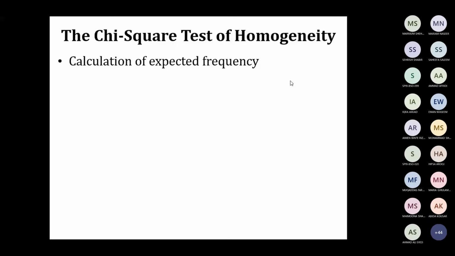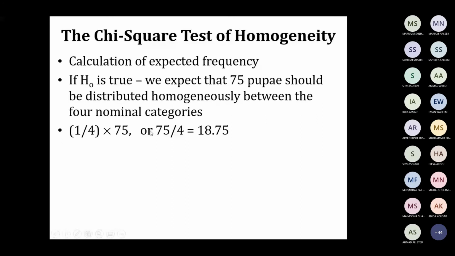When we divide 75 by 4, we get 18.75, and each class is going to have the expected frequency of 18.75. So these are the observed frequencies and these are the expected frequencies.